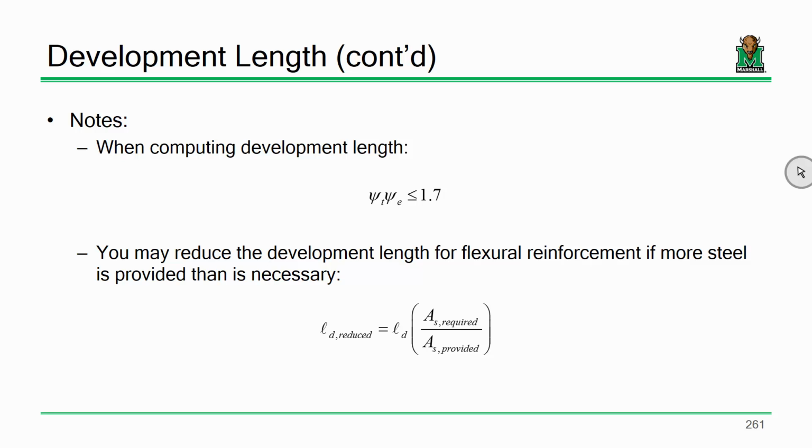So, for instance, if you're doing a beam design and you do all the calcs and you get to, what was it, like step 8, and you get that the area of steel required is 5.72 square inches. And then you decide to use 6 number 9. So you used more steel than was needed. You can take the ratio of those two and drop your development length down a little bit. So the 5.72 over 6 in that example.